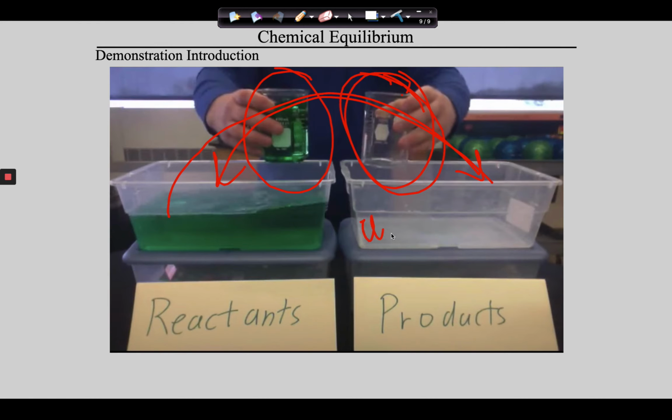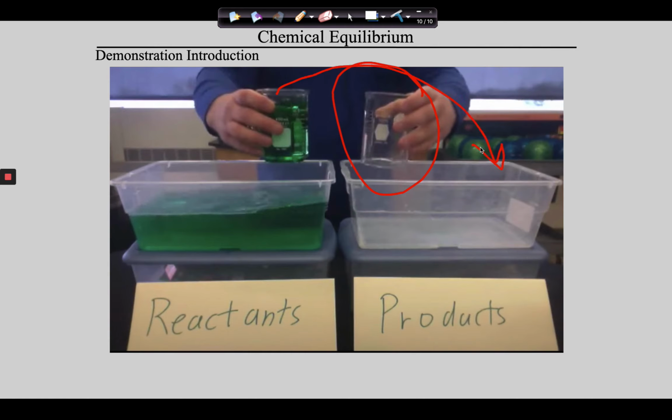Now notice initially, we don't have any products over here in the product side because none has been made yet. So initially, we are not going to have any product inside this beaker to turn back into reactants. But quickly that's going to change, because as we pour some into here, we're going to end up with some products, and then we can move that backwards.